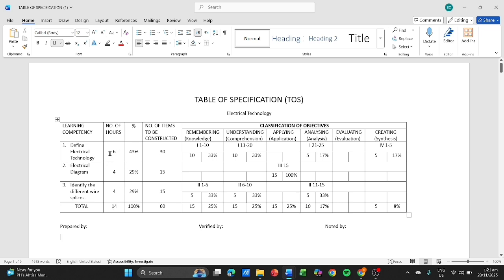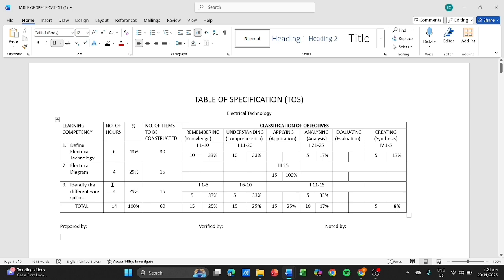For example, we have 6 and 14. 6 for the first LC, and the total for the overall LC is 14 hours. So what you have to do is to divide this 6 by 14.